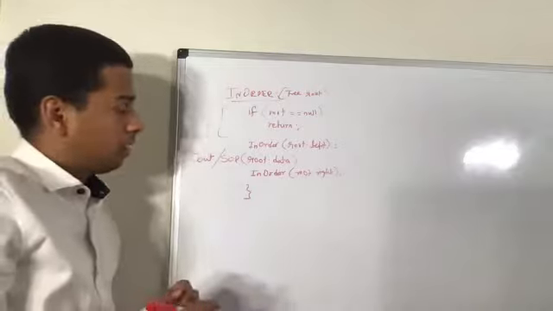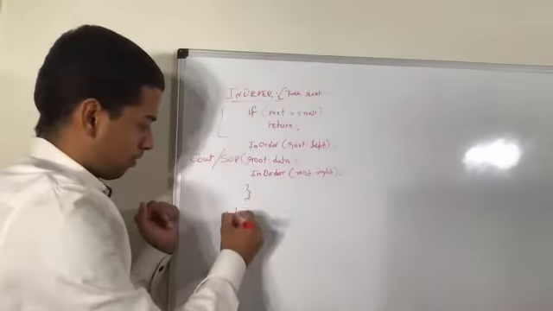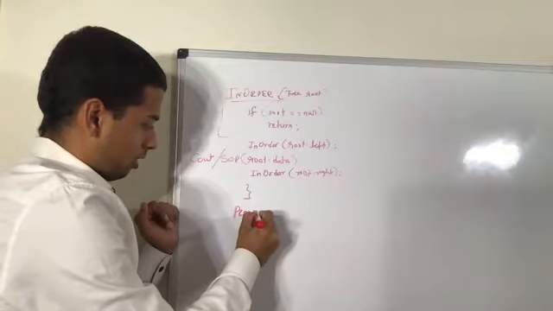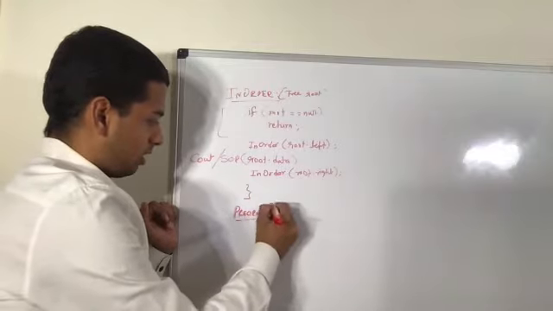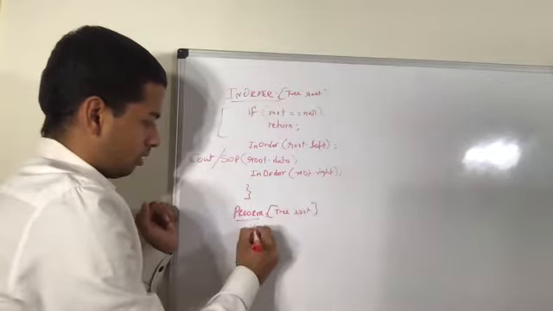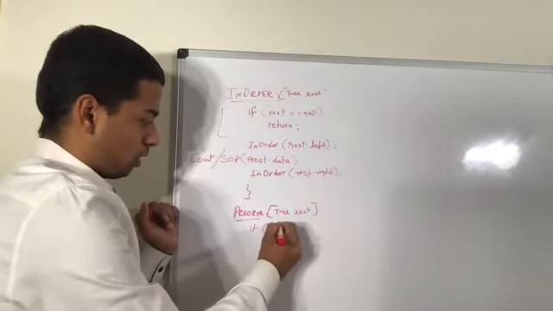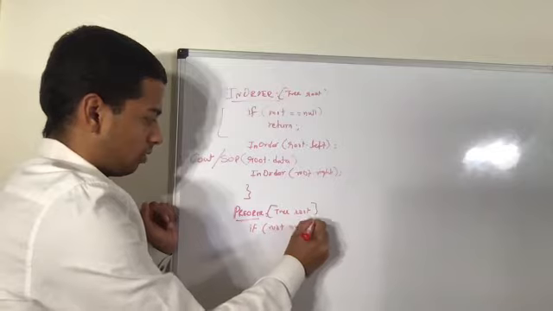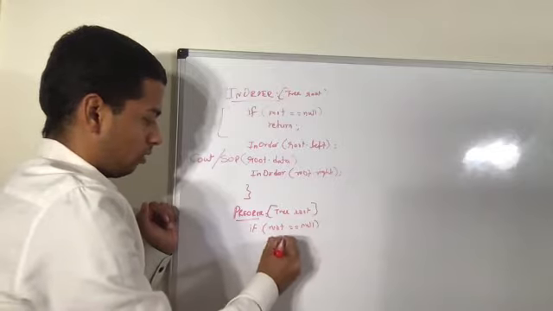So how will a pre-order look? Pre-order, if I take the tree root as input, the base condition is if root equal to null, then I should stop the recursion. Simply I'll return.